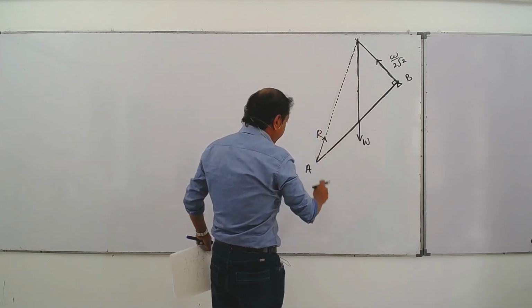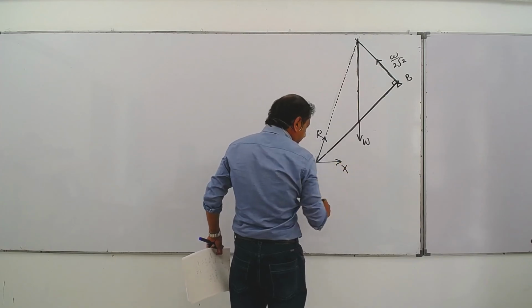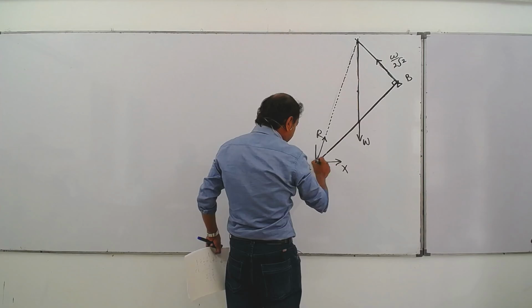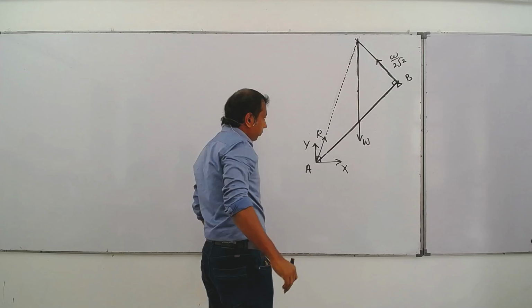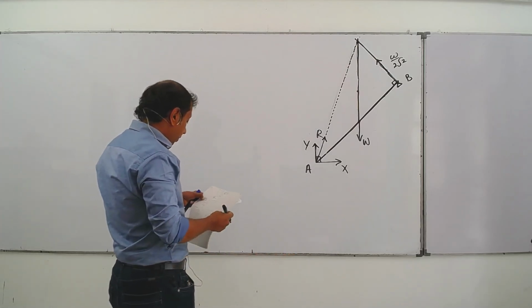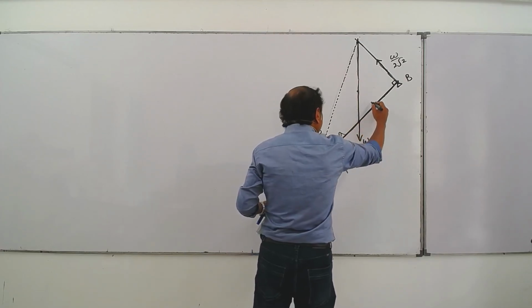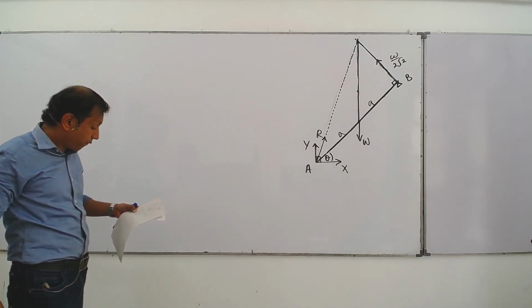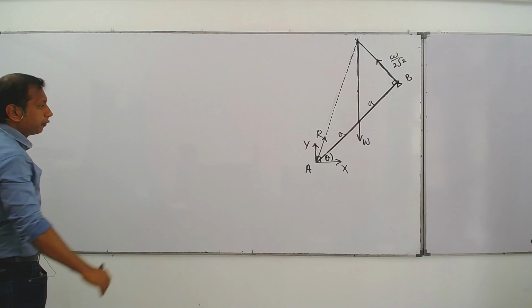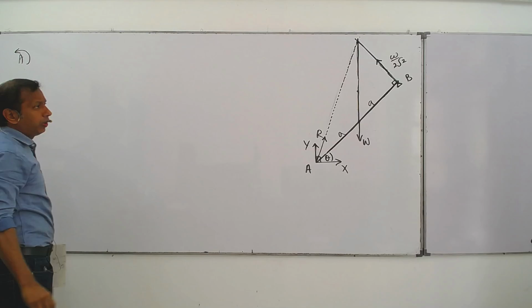So I am going to consider for this R there are two components. I take that as X. The vertical component as Y. This way I take the two components of R. We are given this angle as theta. Let us take the length of the rod as 2A. Now for the equilibrium, we can take moment around A, right? We will take moment around A in anticlockwise.